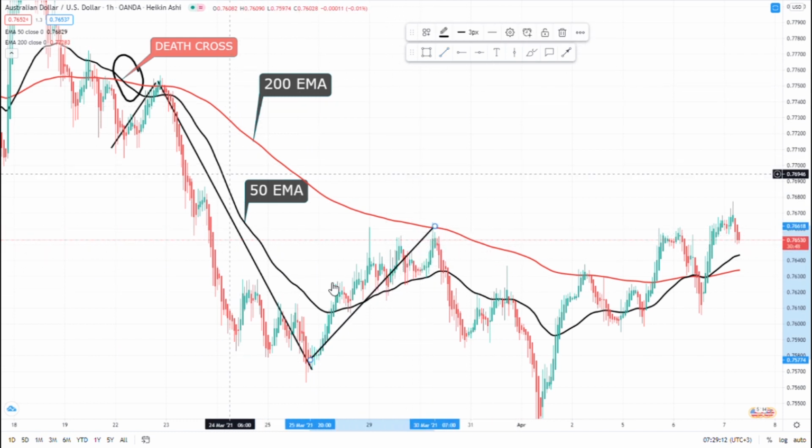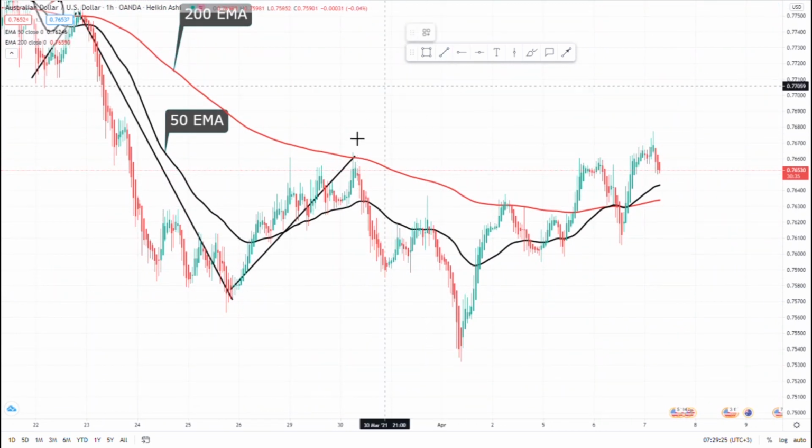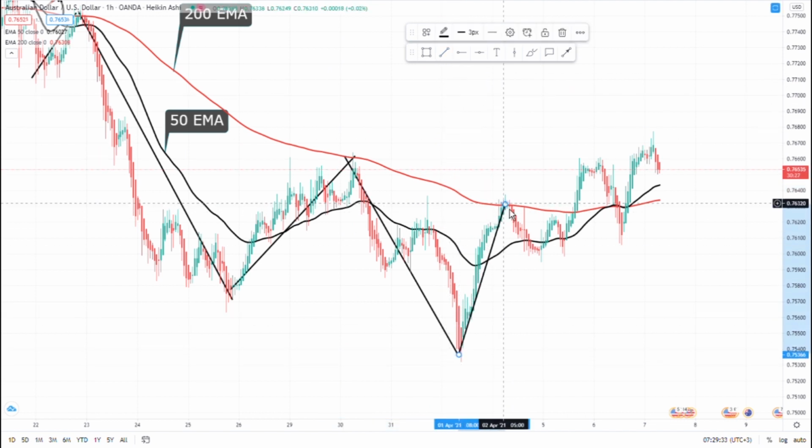So even if buyers were able to bring the price up to the 200 EMA, what happens? The price still gets rejected and is pulled down again, and then the buyers still try to pull the market to the 200 EMA, which in our case is our resistance, and the sellers are trying to push the market away.